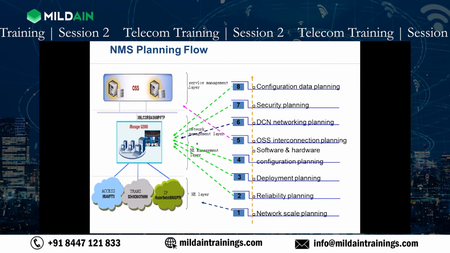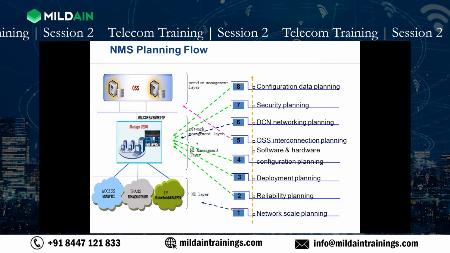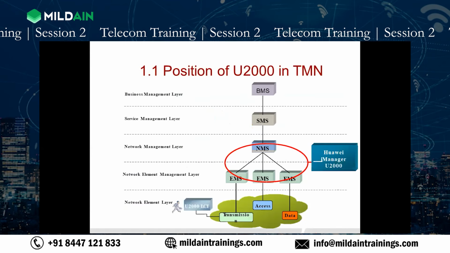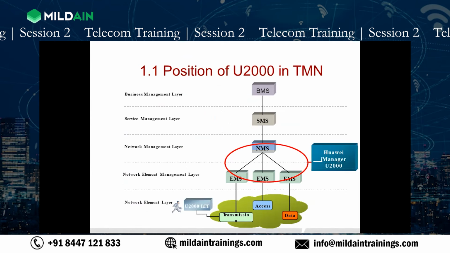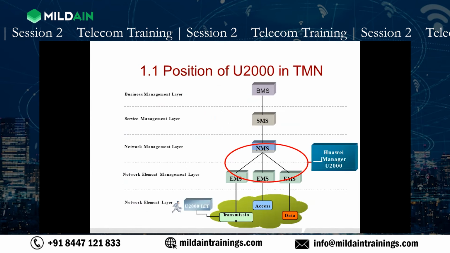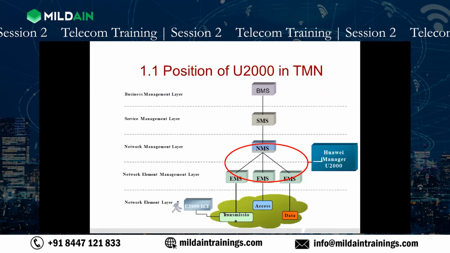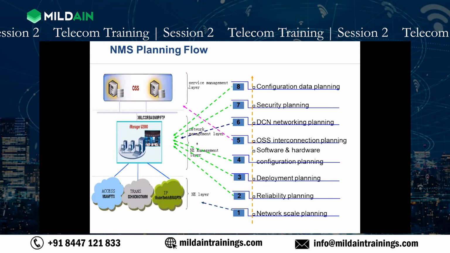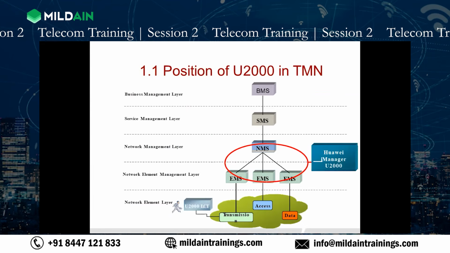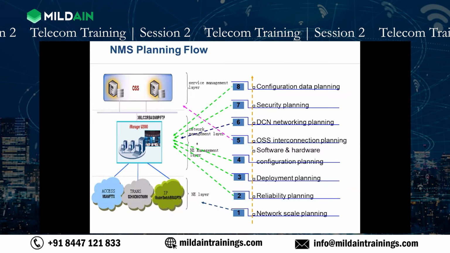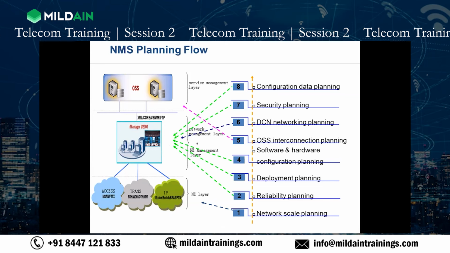Service management is OSS, the management layer is NMS, and the third one is the network element layer. First is the network element layer, number one. Second and third from the bottom are your NMS. Fourth and fifth are OSS. Understood.